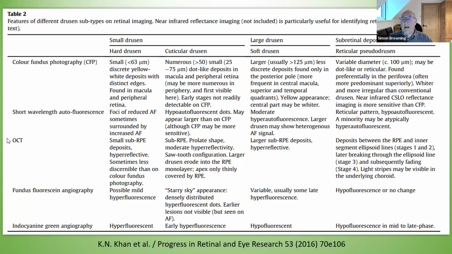And it very nicely breaks down the different types of drusen, what they're going to look like with color fundus photography, autofluorescence, OCT, fluorescein angiography and indocyanine green angiography as well. So this is quite a nice little aide-memoire to have within the consulting room when you're looking at drusen. So I'll say no more on that, but do go back and refer to that because there's a lot of information in there.